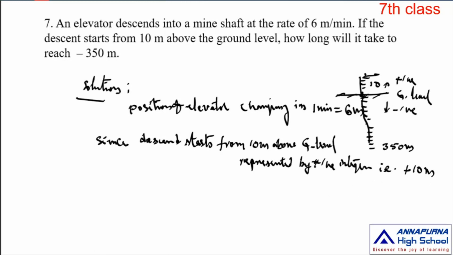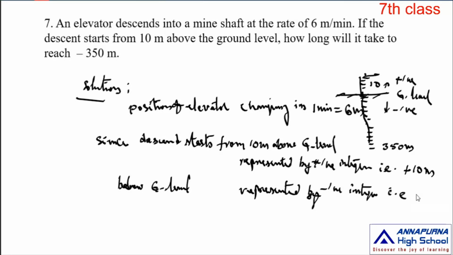Now, reach to minus 350. Reach to minus 350 meters means below ground level, and that can be represented by a negative integer, that is minus 350 meters.